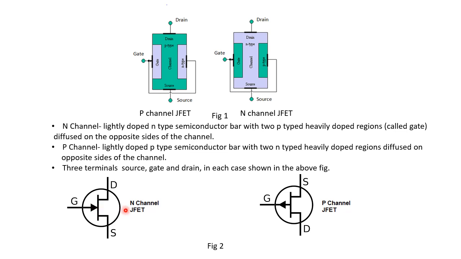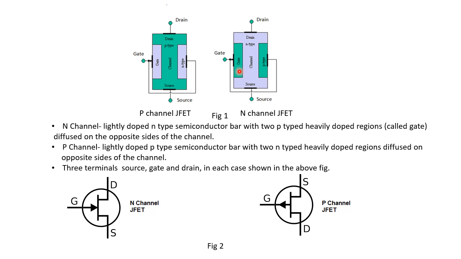Since we are considering the symbol of N-channel FET, we will go to the construction of N-channel FET. In this case, the gate region is P-type semiconductor and the channel is N-type semiconductor. So in the case of N-channel FET, the positive charge is present on the gate.